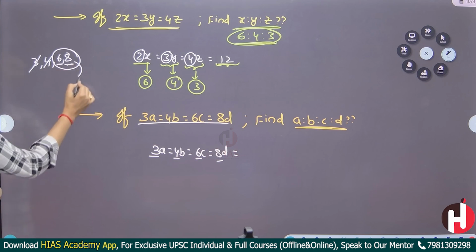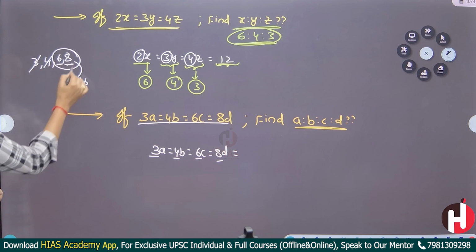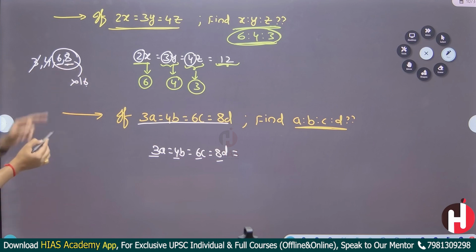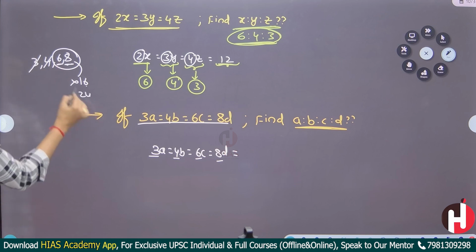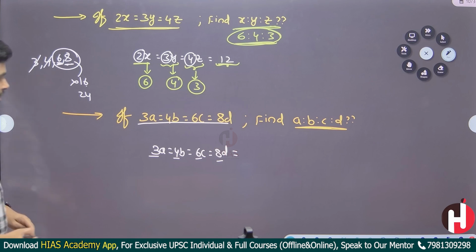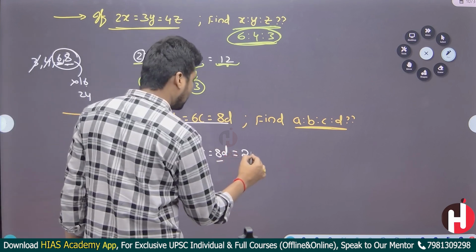Next, 8 twos are 16, which is also not divisible by 6. Next, 8 threes are 24, and 24 is divisible by 6. So the LCM is 24.